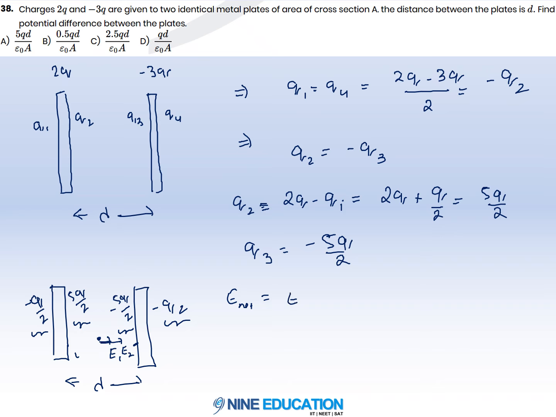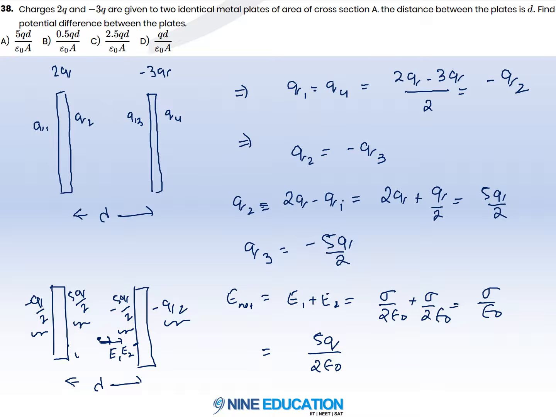So E net is E1 plus E2, that is sigma by 2 epsilon naught plus sigma by 2 epsilon naught, which becomes sigma by epsilon naught. Sigma is the charge density, charge per unit area. So here we get 5q by 2 epsilon naught A.